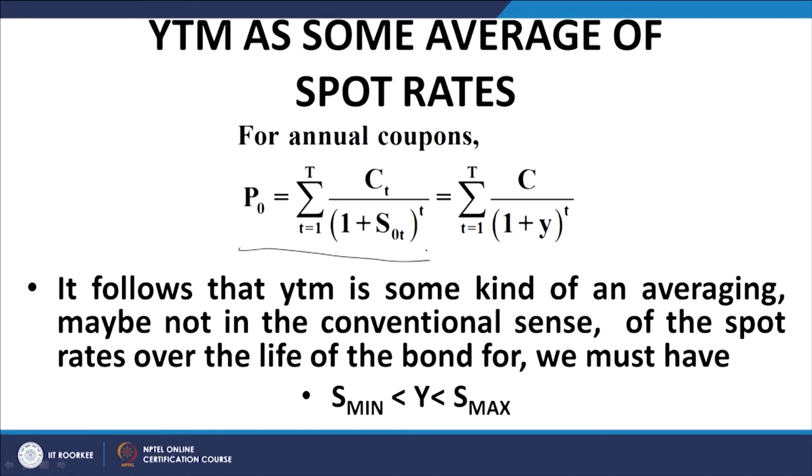Again, assuming that the pattern of cash flows is unambiguously defined in terms of the contract. If you know the spectrum of interest rates prevailing in the market, you can work out the market price again unambiguously. So, what does it mean? It means that if you know the market price, you can work out the YTM unambiguously. So, given a spectrum of cash flows and a spectrum of spot rates, we can arrive at a value of YTM which is unambiguous, and this is another important feature.